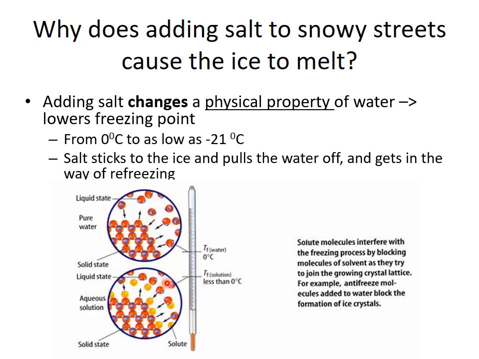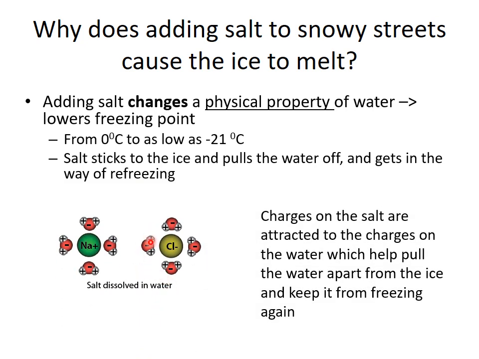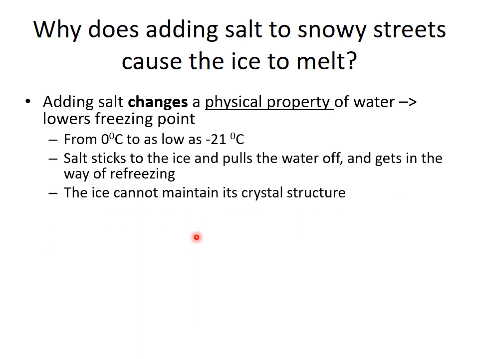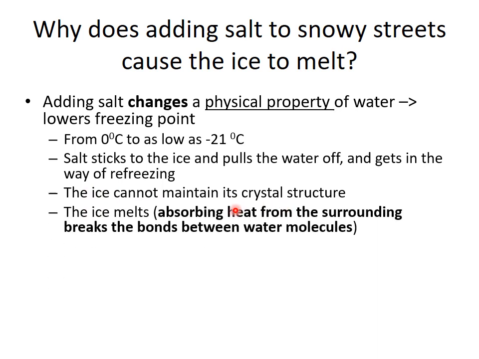And once they're off, the salt can also stick to the water molecules, preventing them from sticking back as a solid. So ultimately what happens when you add salt, changing the physical property of water, its normal melting point, the ice can't maintain its crystal solid structure and it melts.